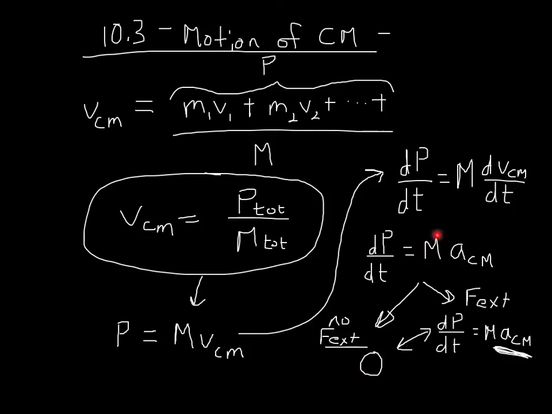Since the mass can't be 0, this means that in the presence of no external forces, the acceleration of the center of mass of a system has to be equal to 0. If dp dt is 0, then acceleration has to be 0. To get some practice with this concept of center of mass, I suggest looking at example number 9 in your textbook.